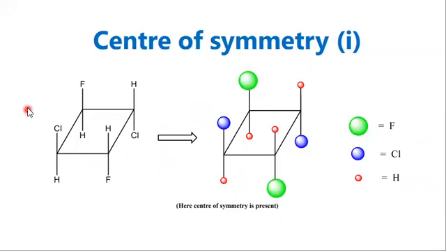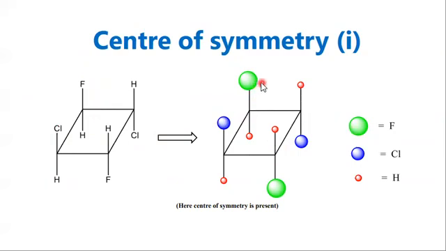So we look at this molecule. It's a square planar. We have four atoms, fluorine, hydrogen, hydrogen, and chlorine on the top of this square planar, and we have four atoms at the bottom of this square planar.